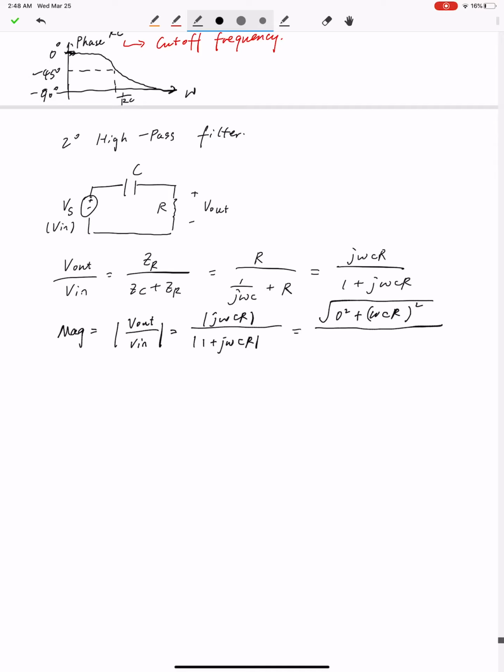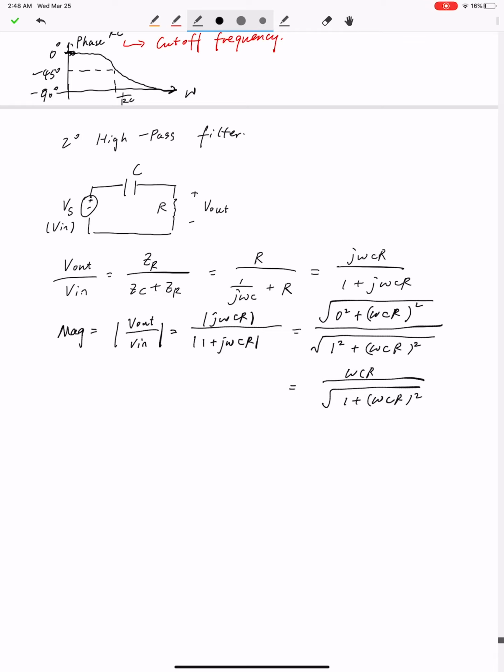That's the imaginary part. And for the bottom, the real part is 1 squared plus omega C R, the imaginary part, squared. Sum them together and take the square root. After simplifying, the final result is omega C R divided by the square root of 1 plus omega C R squared.